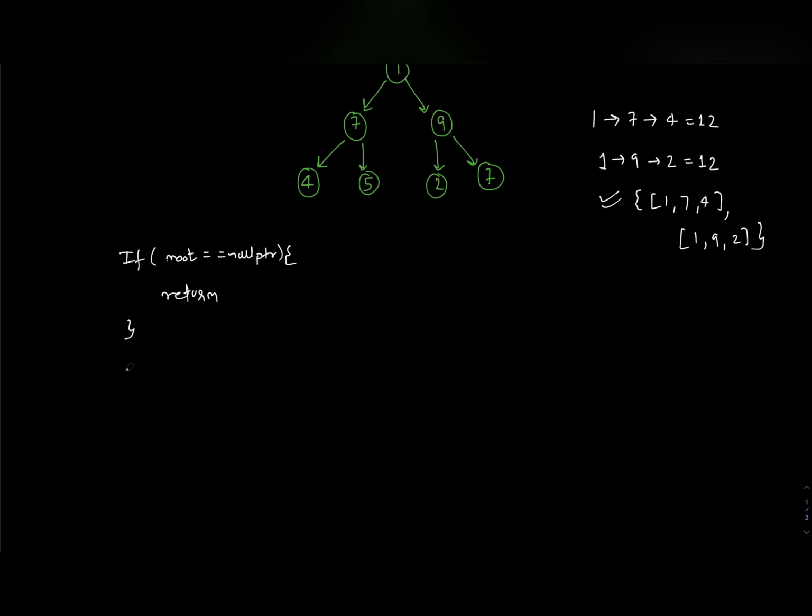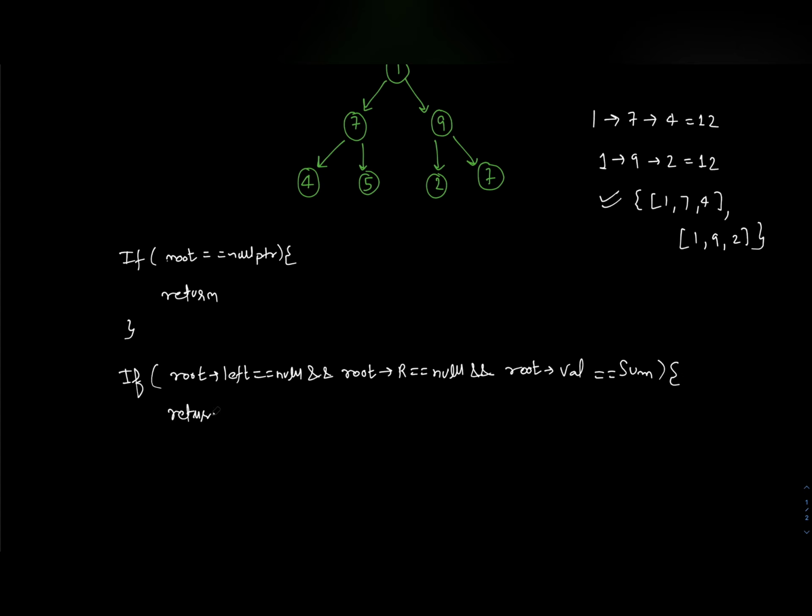The other case was when we are checking if it's a leaf node or not. For that, we are checking if root left is equal to null and root right is equal to null, and then we are checking if root value is equal to the remaining sum, then we will return true.